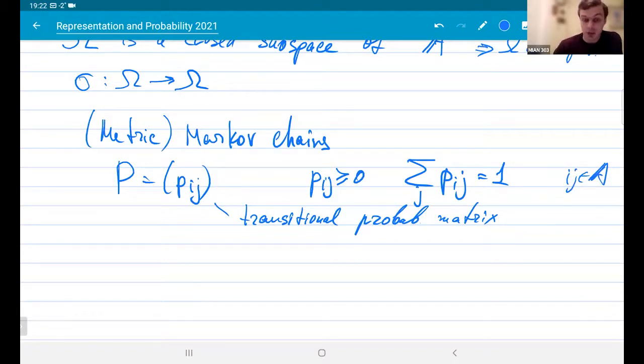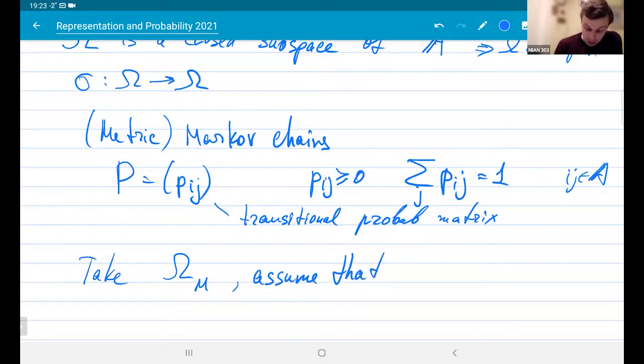Then for such a matrix, if I want to consider this omega_M, I can do the following: take our omega_M and assume that M_ij equals 0 implies P_ij equals 0.